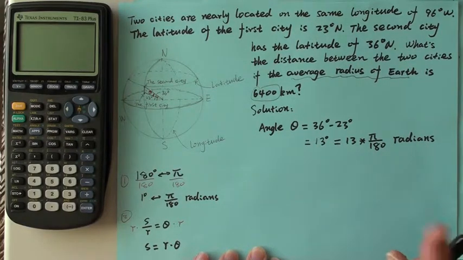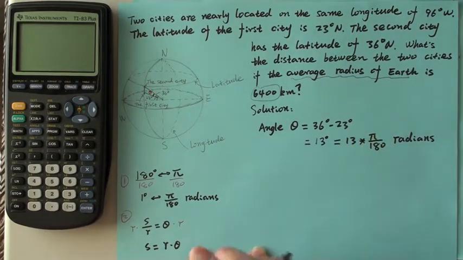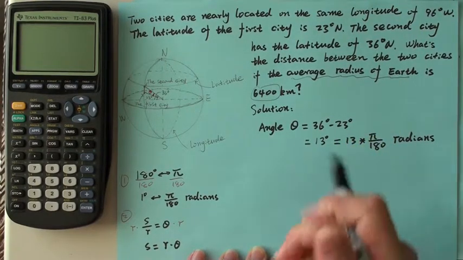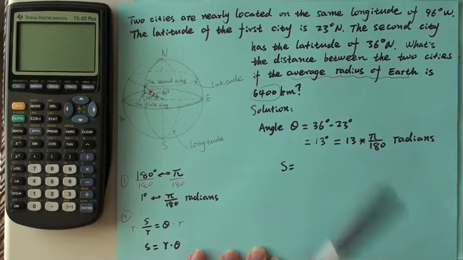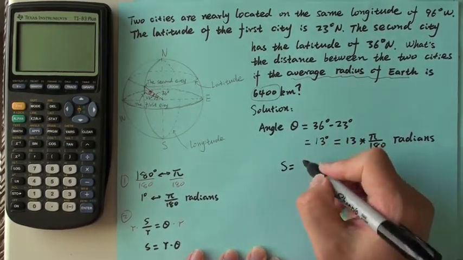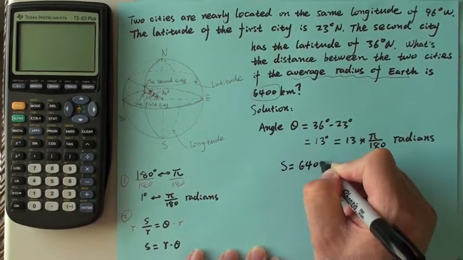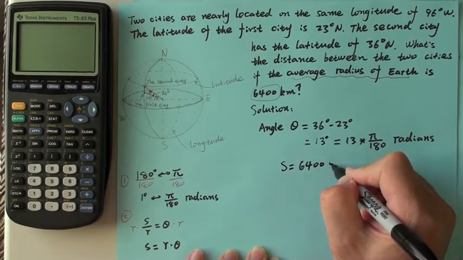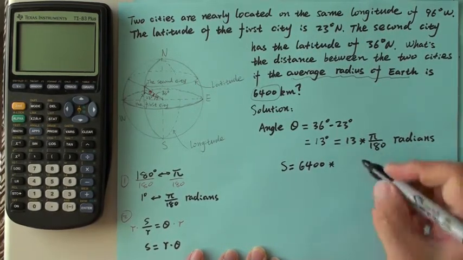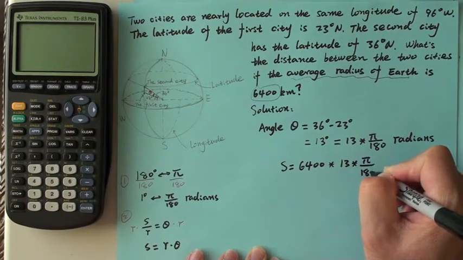We know that this is the formula. Then the length of the arc is the radius, 6,400 kilometers, times theta, which is 13 times pi over 180.